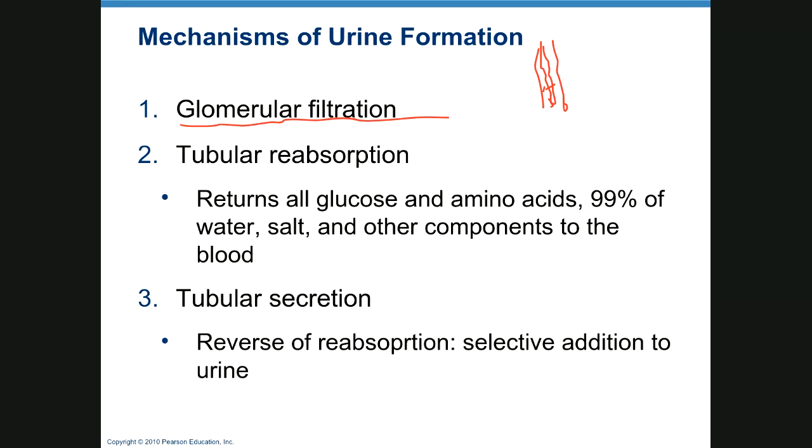That's your tubular resorption. Water, salt, glucose, amino acids, and a lot of stuff are pulled back into the bloodstream. Tubular secretion, you selectively put things back into the urine by active transport.